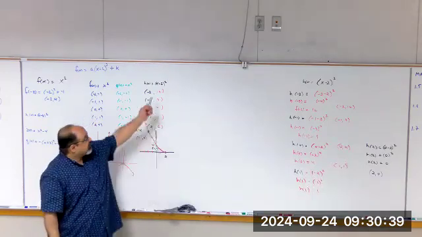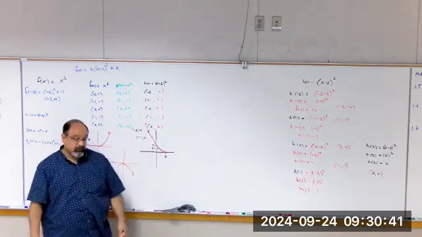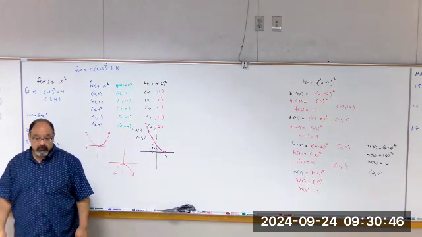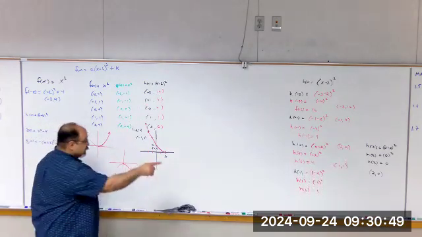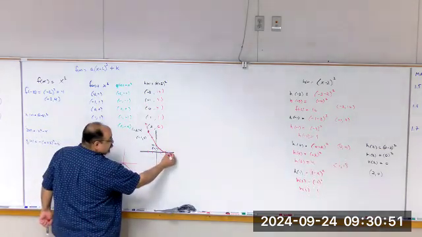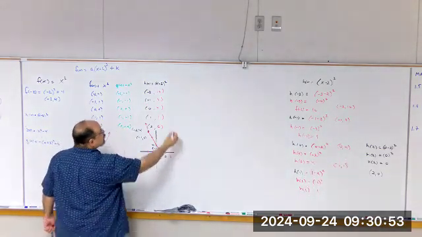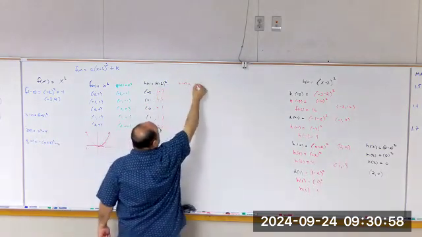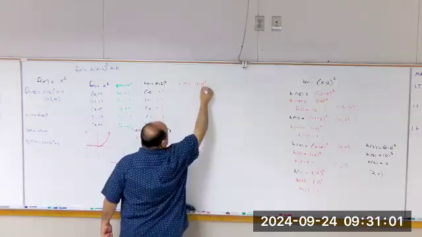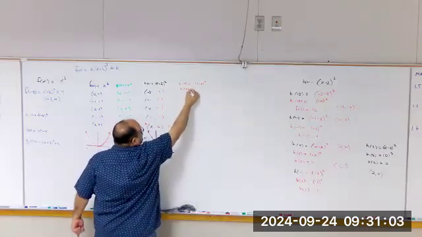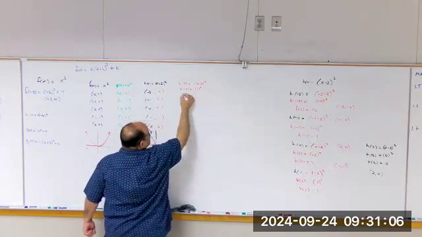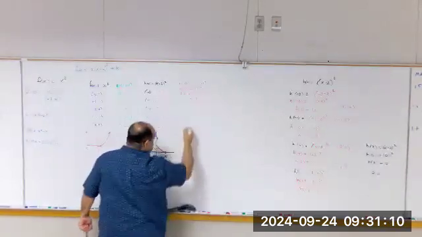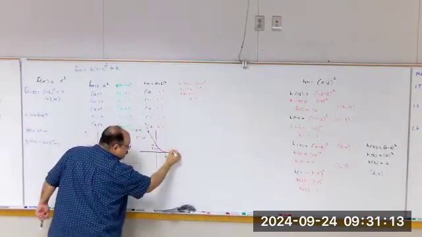Now we see x minus 2. Which way do you think the graph shifted? Did it shift to the left or to the right? It went to the right. Look what happens if you plug in 3. h of 3 would be 3 minus 2 squared, which is 1 squared. So when 3 goes in, we get 1. Now it starts to come back up.